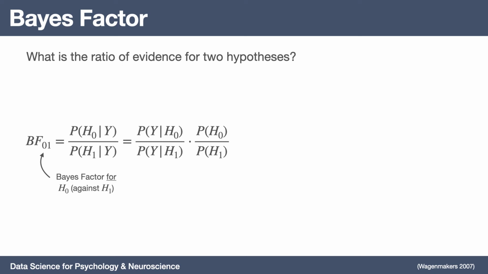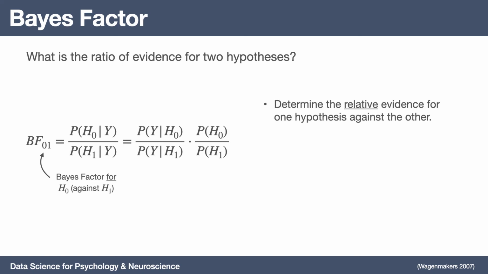What this does is it just gives you a ratio of evidence of two hypotheses. It's essentially a likelihood ratio test, but framed in a way as a posterior probability. Now here you can determine the relative evidence for one hypothesis against the other.